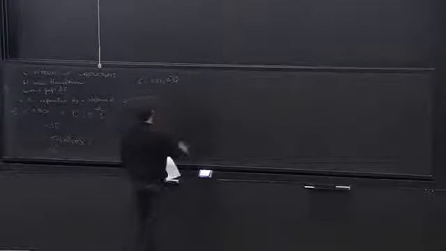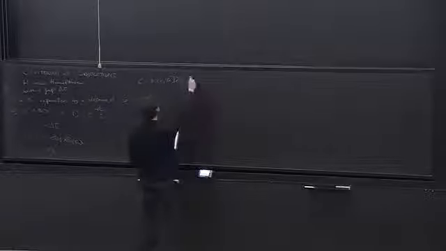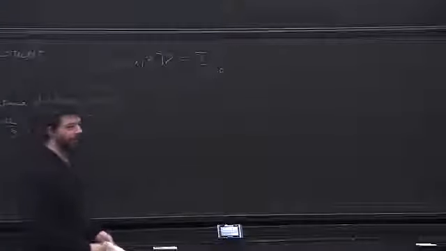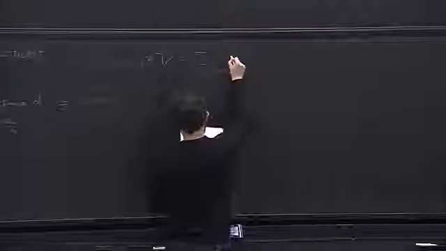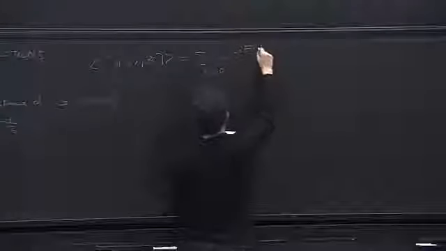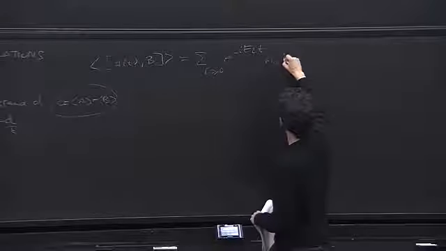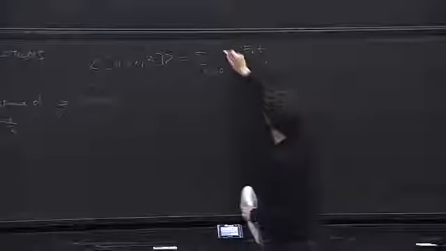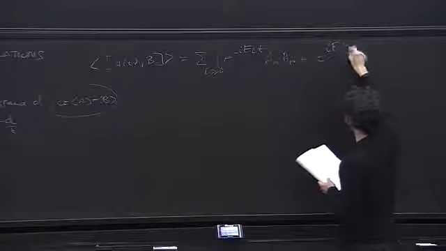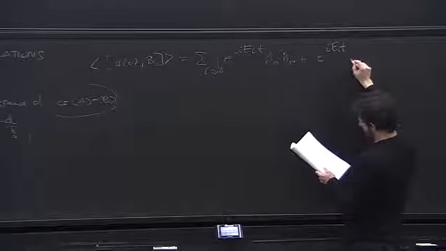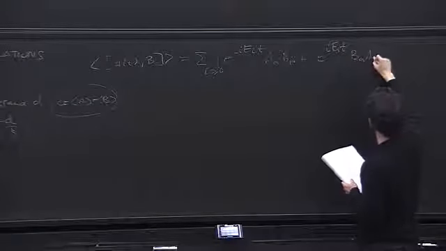With this premise, in the energy basis, you can write this as the sum over all the excited eigenstates, because for i equals 0 you will get 0, of e to the minus i E_i t A_0i B_i0, plus e to the i E_i t B_0i A_i0.